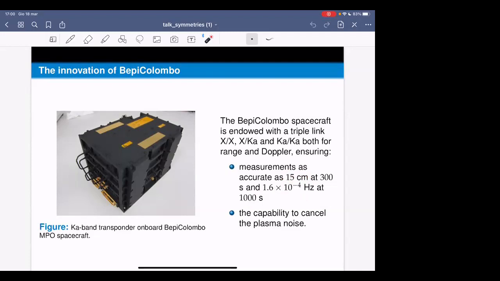And this triple link in the bands X/X, X/Ka, and Ka/Ka will allow us to cancel the plasma noise, which could be very detrimental to the orbit determination because of the vicinity of Mercury to the Sun.